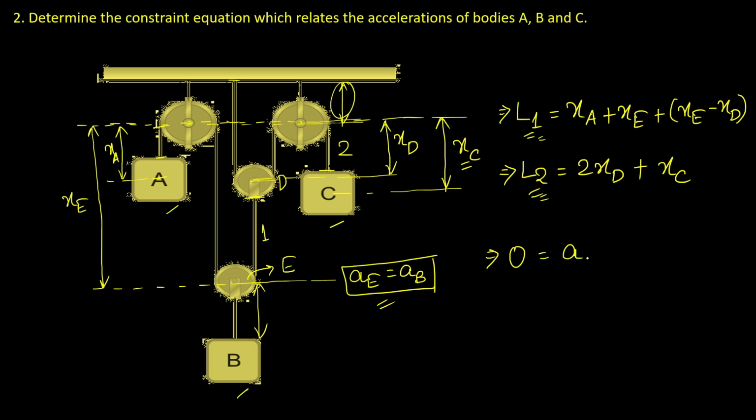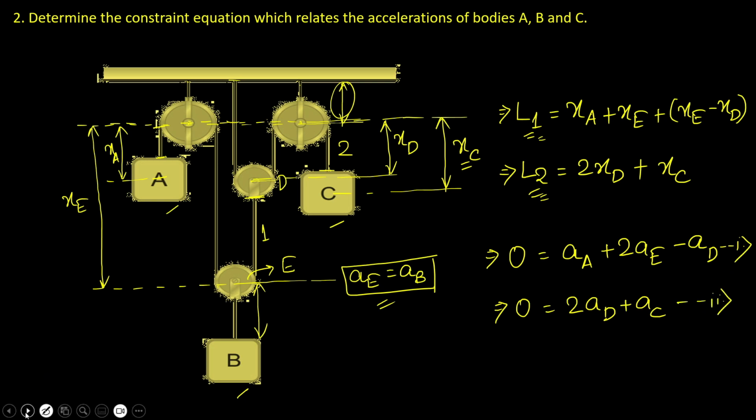And it will be acceleration of A plus 2 times acceleration of E minus acceleration of D, like this. Similarly, for the second, the length of string 2, this will be 0 and that will be equal to 2AD plus AC. So we have two equations. This is the first equation and this is the second equation.